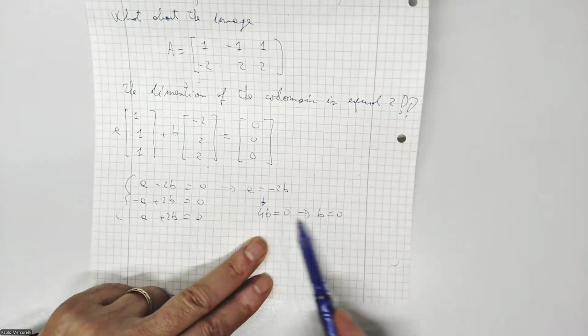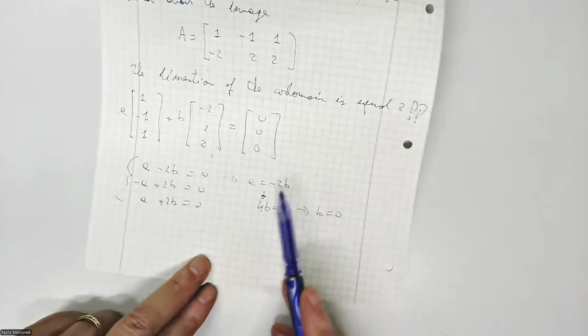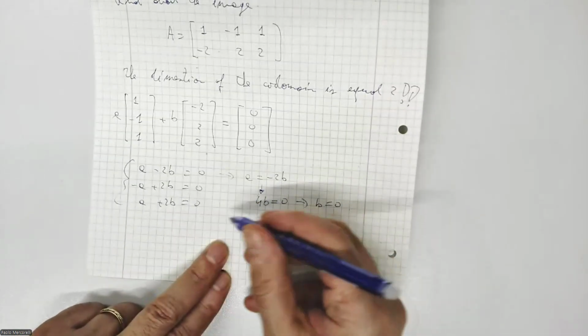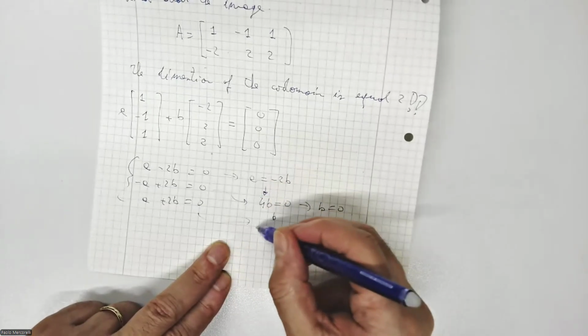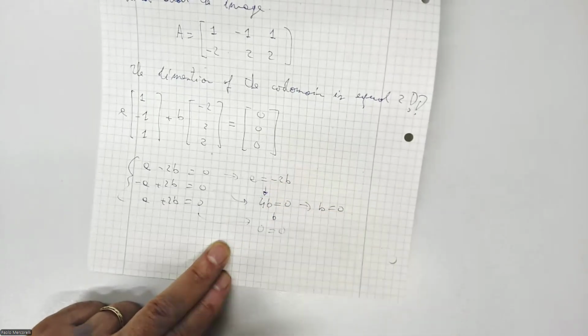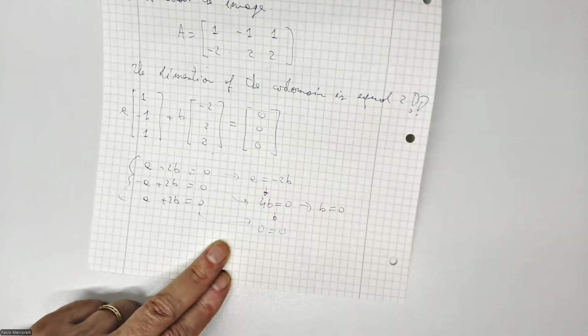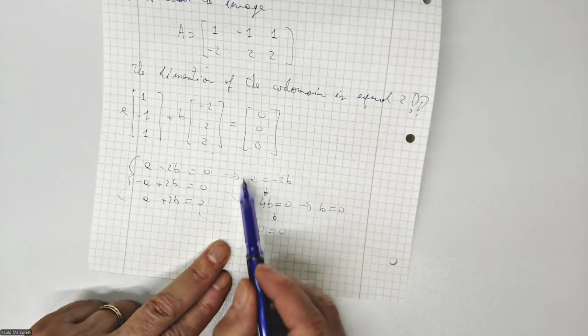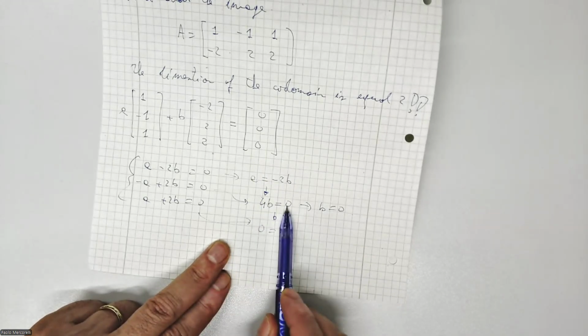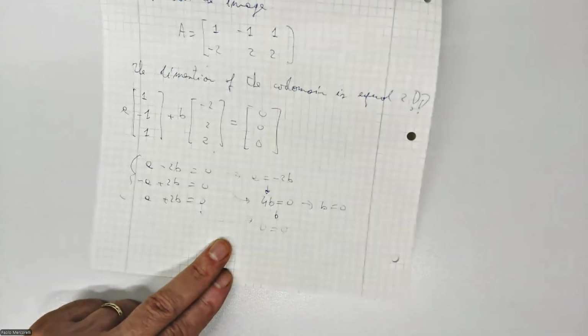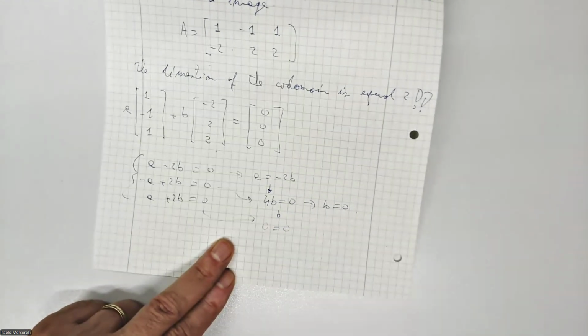It's correct. b equals 0. And this is 0 equals 0. Allow me this notation. We can see that everything is equal to 0, right? Because if b equals 0, I don't know if I made a mistake. Let me check. Did you see mistakes? No.